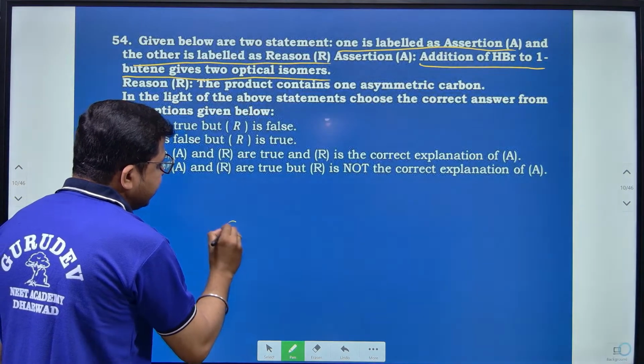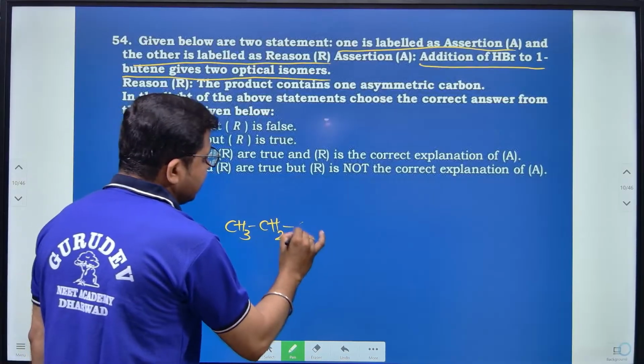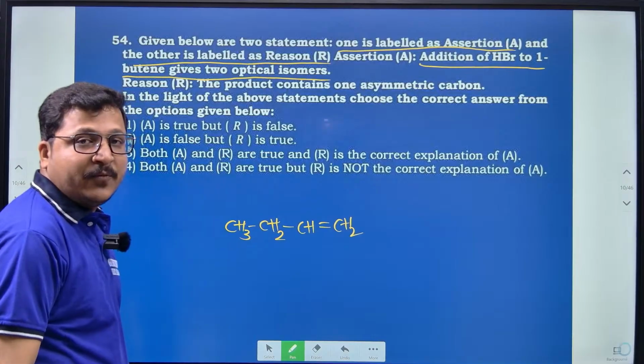1-butene, CH3CH2CH=CH2, is the structure of 1-butene.